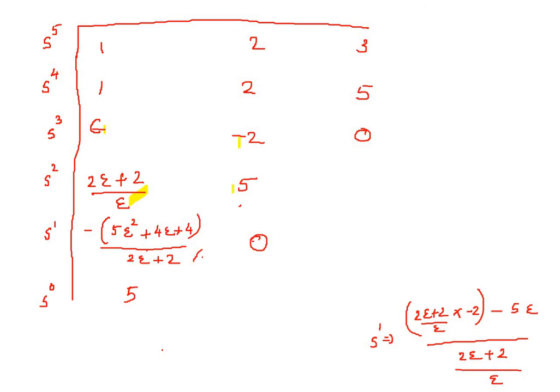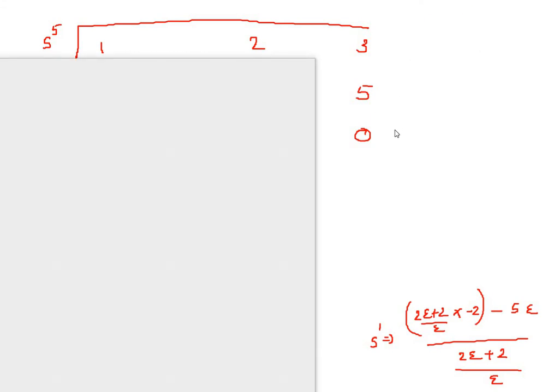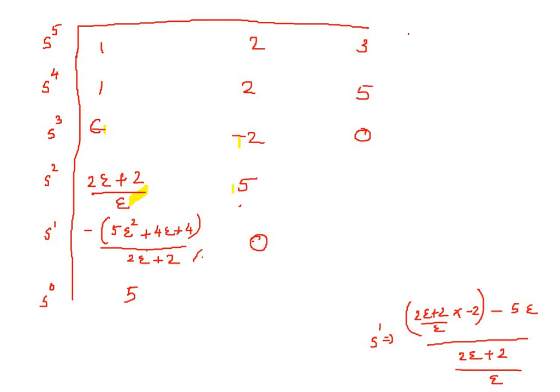Now what we have to do is find the values of the first column of the root table by letting epsilon go to 0.